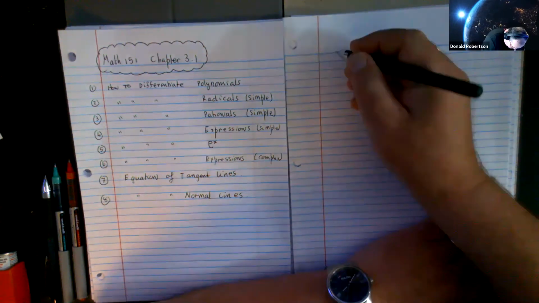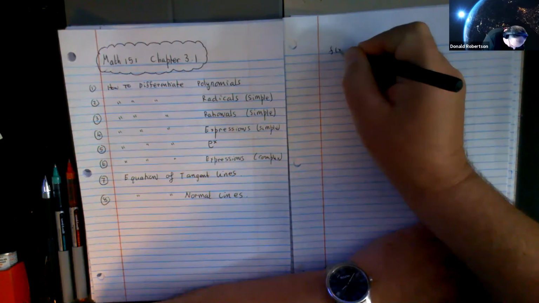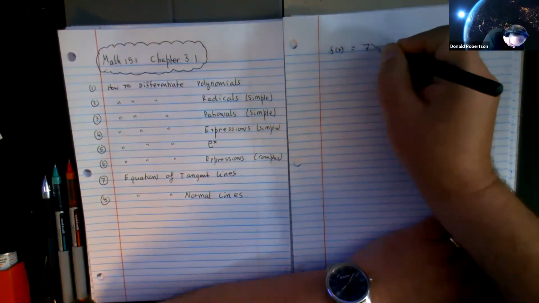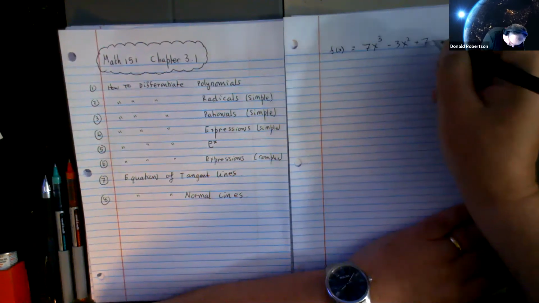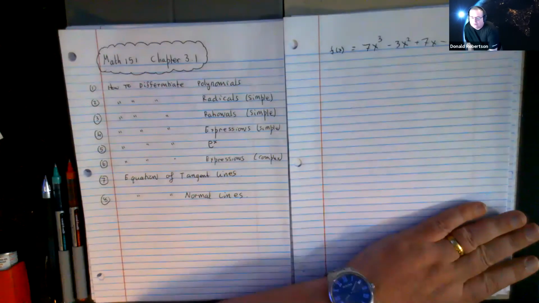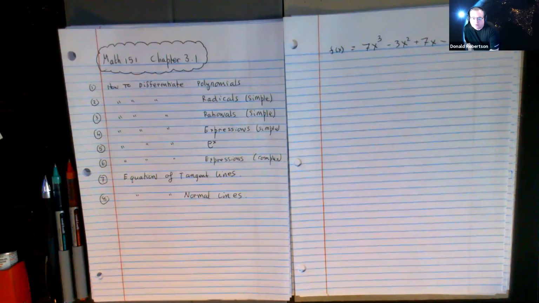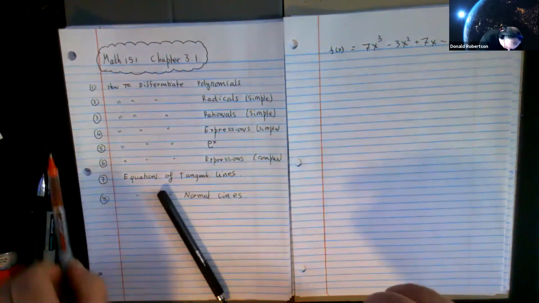So let's jump right in and show you an example of a polynomial. Now, we've done plenty of these, so hopefully I won't spend too much time on this group. Don't we use a guy called the power rule for that?